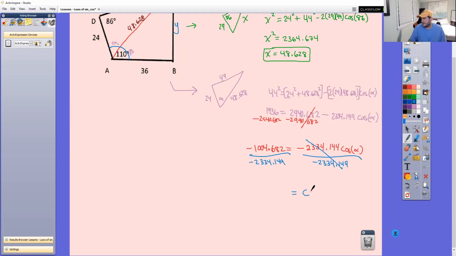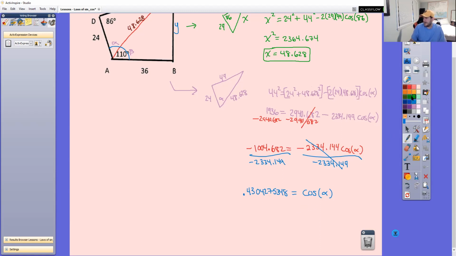And so finally we have just the cosine of alpha, and it's going to equal whatever nasty decimal this comes out to be. So divide by negative 2334.149. So I'm getting 0.4304275348. But again, this is going to be off by a little bit because I was rounding off as I went.